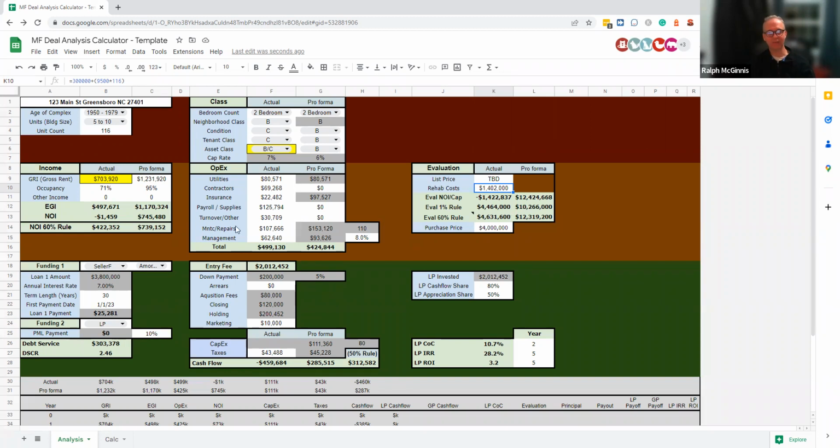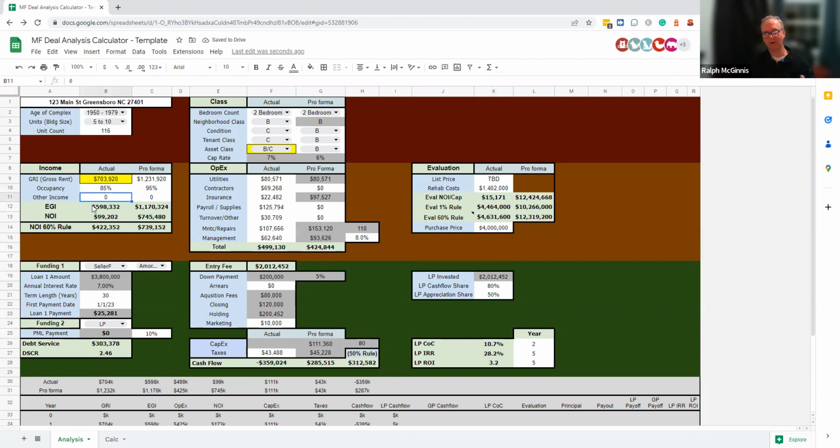And in the case of the one that's cash flowing out of the gate, like if I take this 71% and I change it to 85%, now it's a positive cash flow situation.